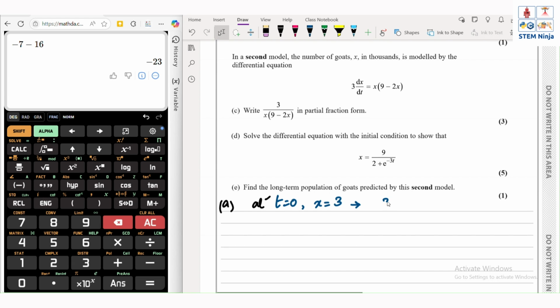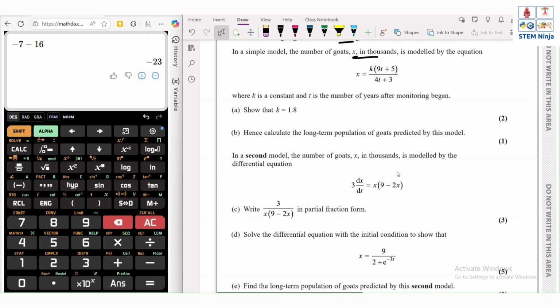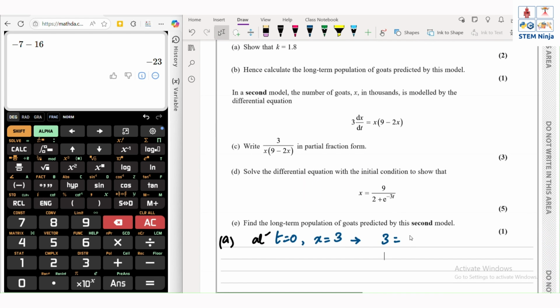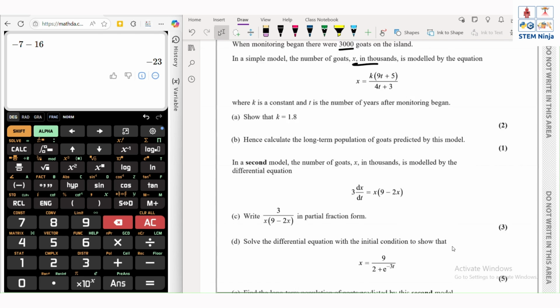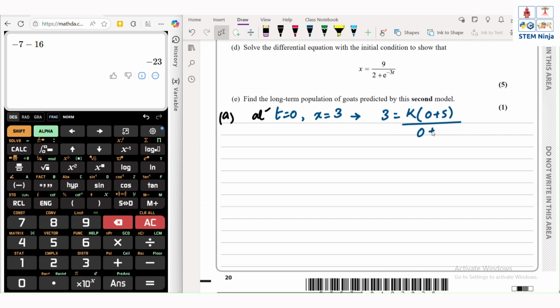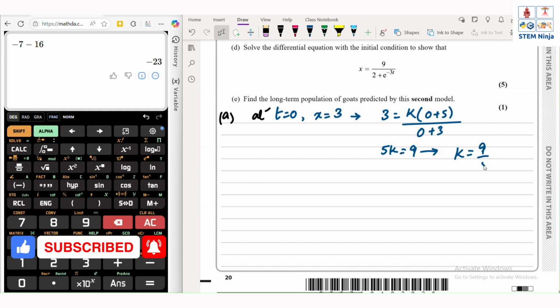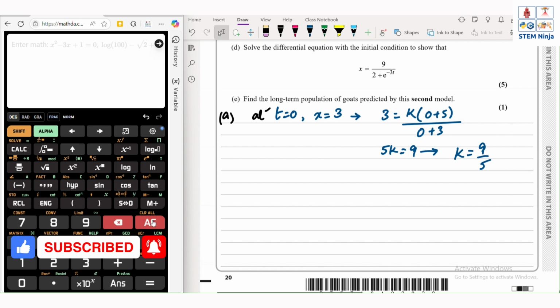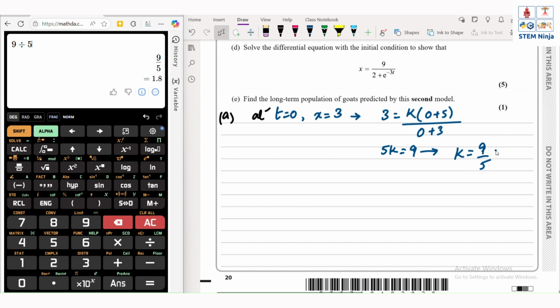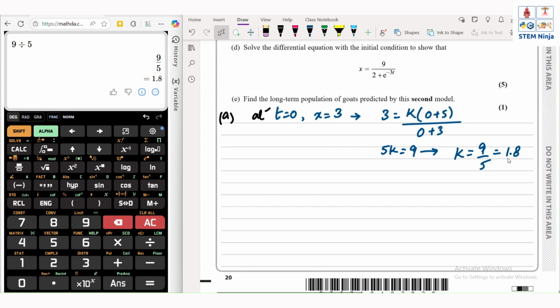So therefore you have 3 equals k times (9 times 0 plus 5), over (4 times 0 plus 3). So that means 5k is equal to 9. Therefore, k is equal to 9 over 5. And 9 divided by 5 is 1.8. That's it.